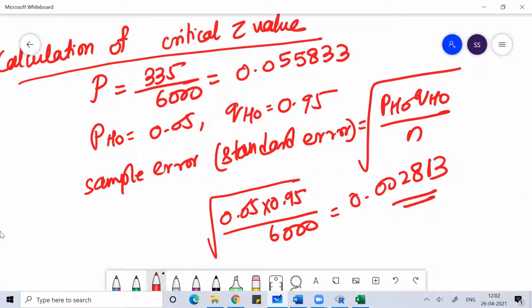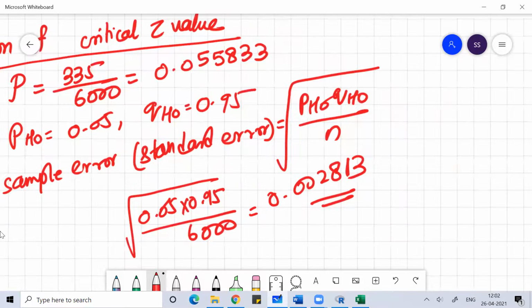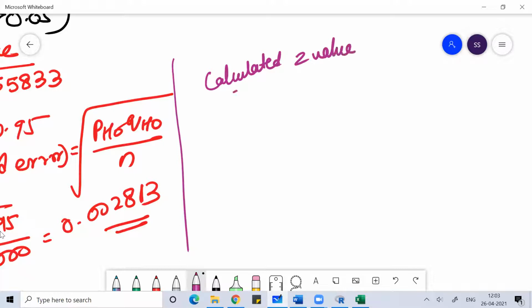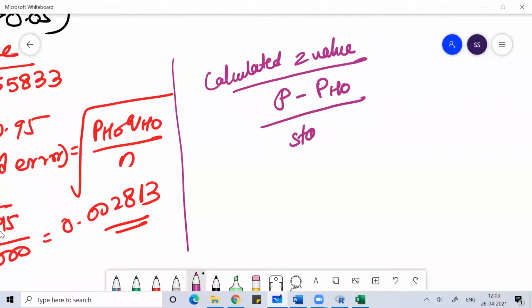Once you get the value of the standard error, you can determine whether to accept or reject in two ways. You can simply calculate the value. Your calculated Z value will be your sample proportion minus your population proportion, divided by the standard error.